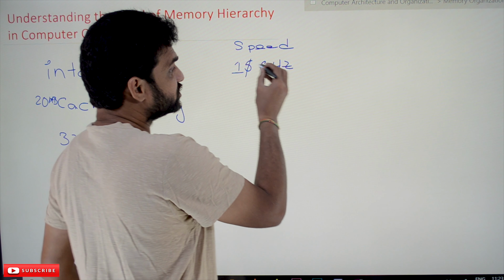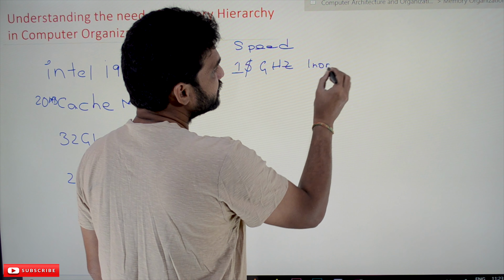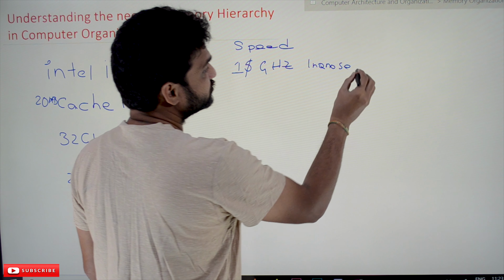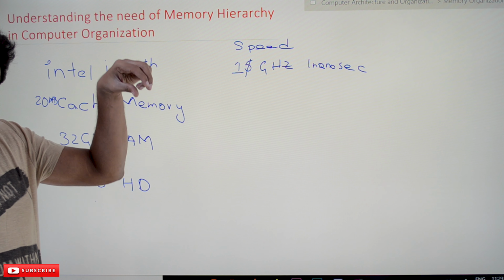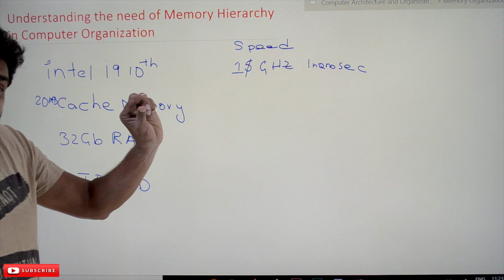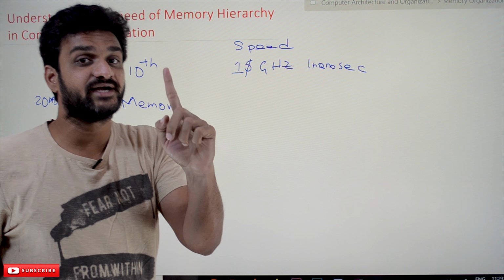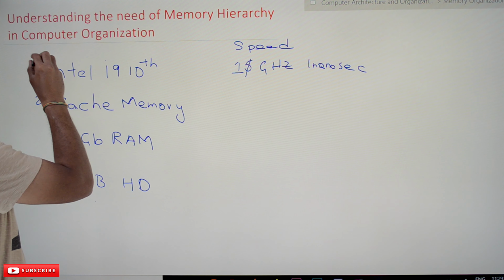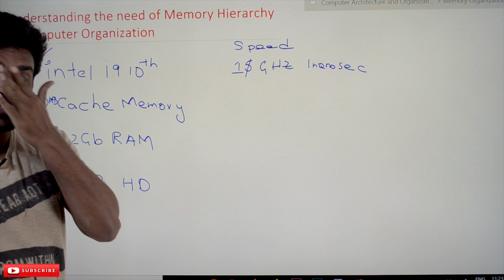So to execute one instruction, it is taking 1 nanosecond. So this is the speed of the processor. 1 nanosecond is the time within which one instruction will get executed. That is the speed of this Intel i9 processor, 10th generation.